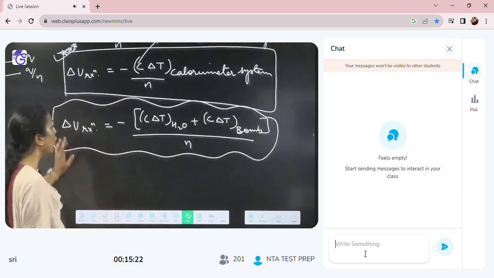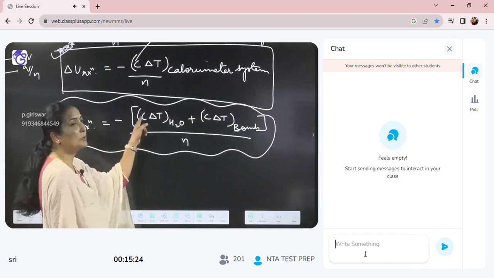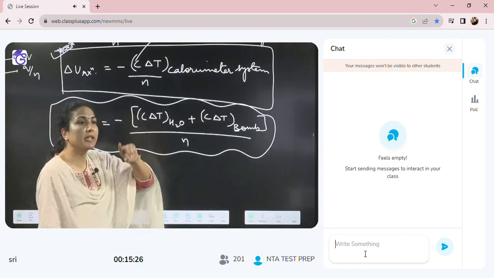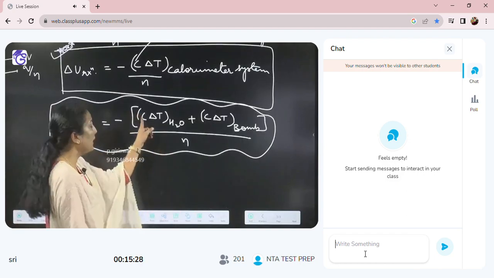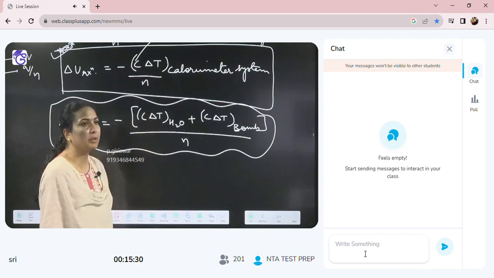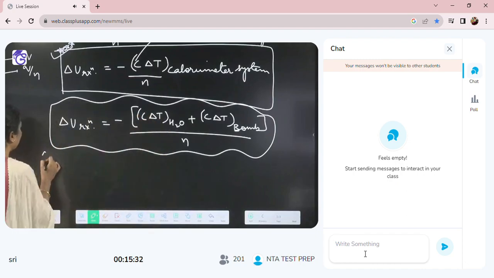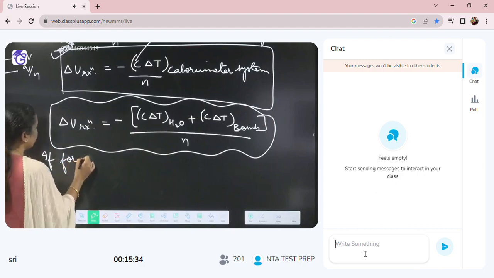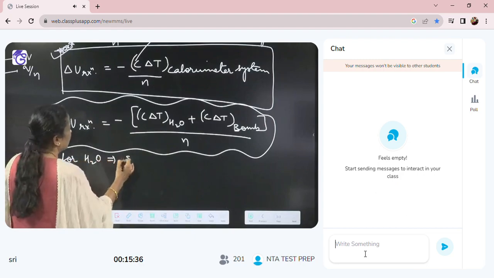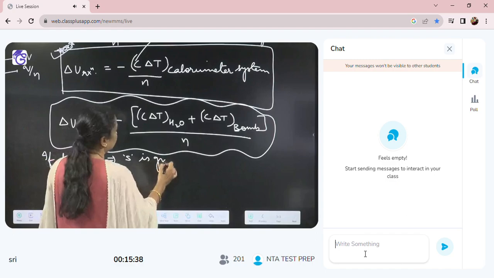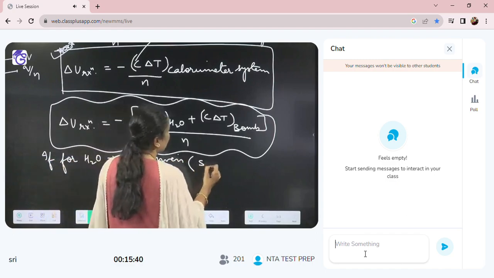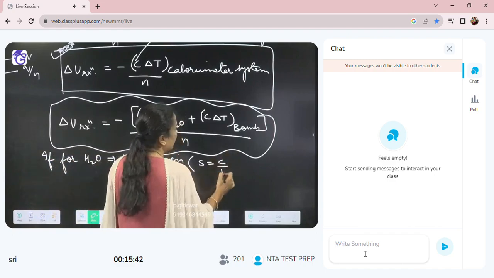Now for water, the examiner may give you specific heat capacity or else may give you molar heat capacity. So depending on that, a little bit of modification will come in the formula. If for water specific heat capacity is given, do you remember we have written specific heat capacity is heat capacity upon mass.